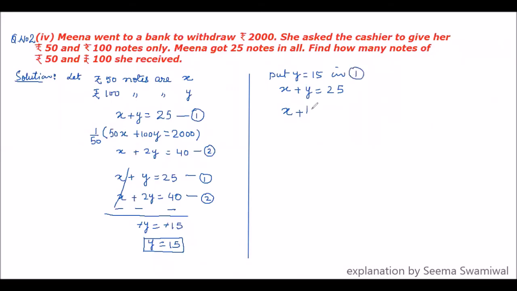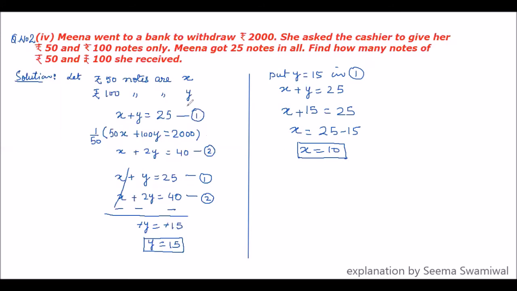So x + 15 = 25. Therefore, x = 25 - 15. Therefore, x = 10. That means Meena has 10 fifty-rupee notes. The 50 rupee notes were x in number.